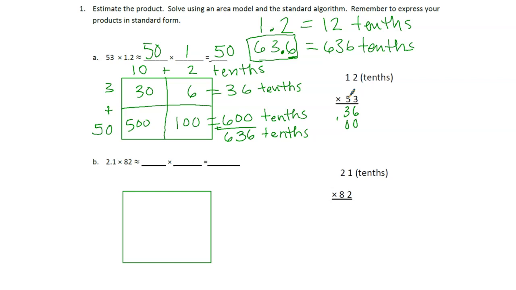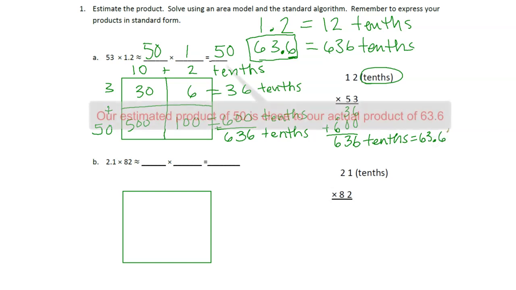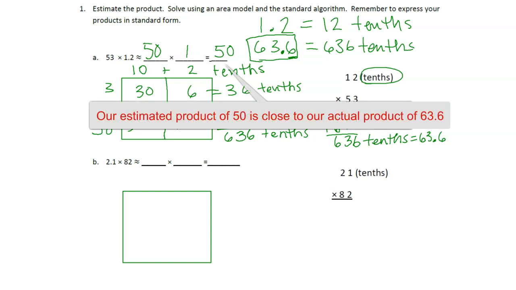Regroup, and then I have 5 tens times 1 ten is 5 hundreds, plus my 100 is 600. Add those up, 636 again, and I know that I have tenths, so it's going to be 636 tenths, which is equal to 63 and 6 tenths. Alright, let's take a look at B here.